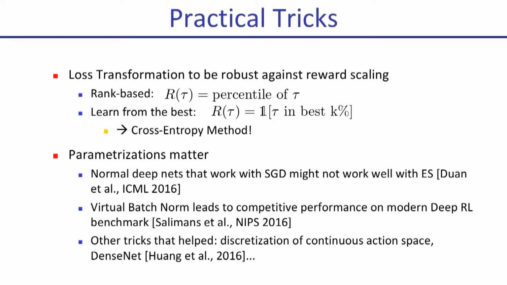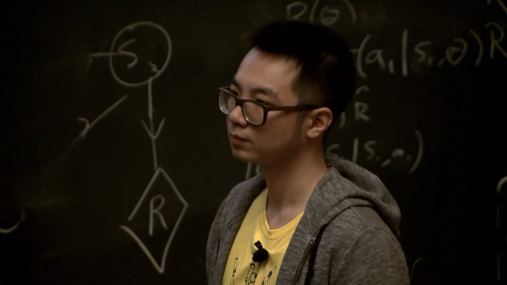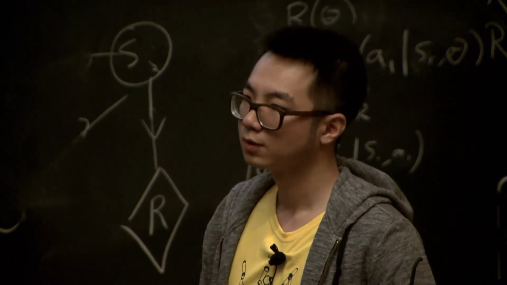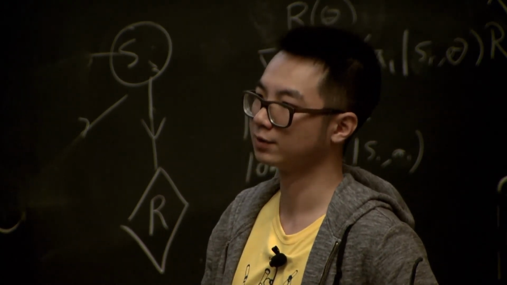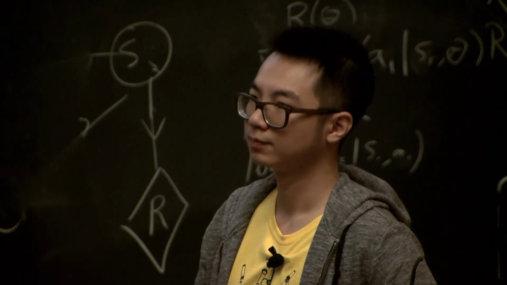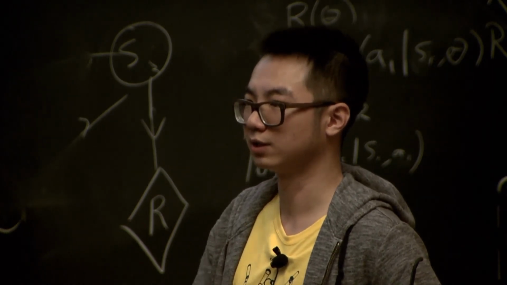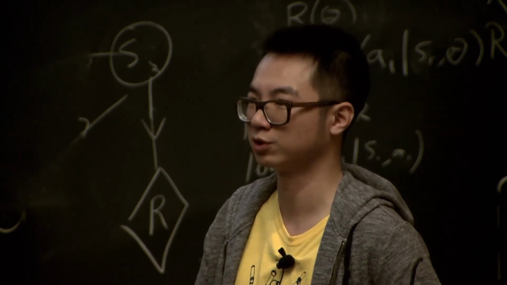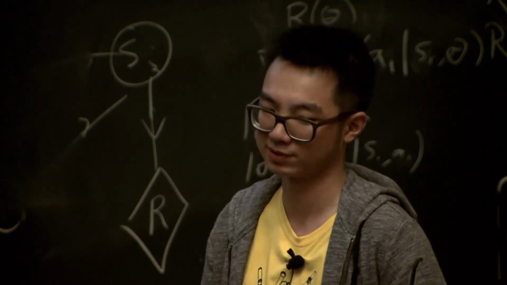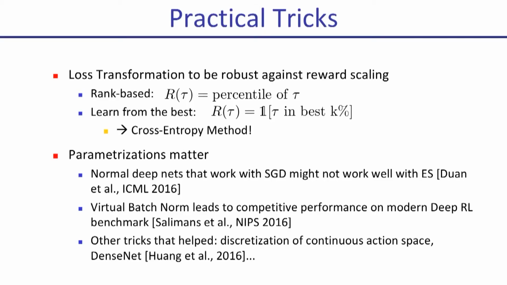Right, they don't. So the question is, in some evolutionary methods, they don't take their best k%. Like I said here, there are many different ways to transform your loss to make it more robust. If you do percentile, then it's not just taking the best k%.